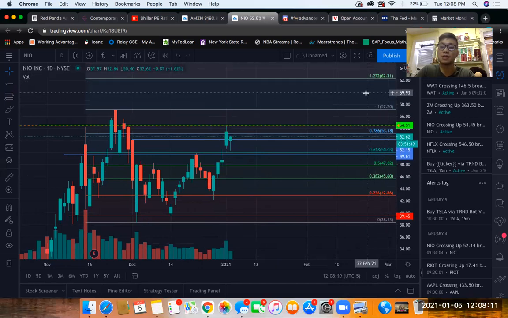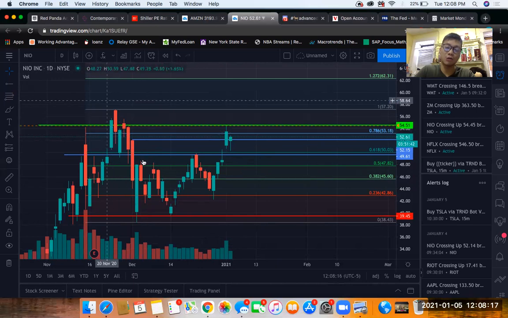It's basically taking 27.2% of this entire correction move and multiplying it here. It's 57.2 minus 38.43. That's almost $20. Let's say that's like $19. Multiply 19 times 0.272, which is 27% of that.